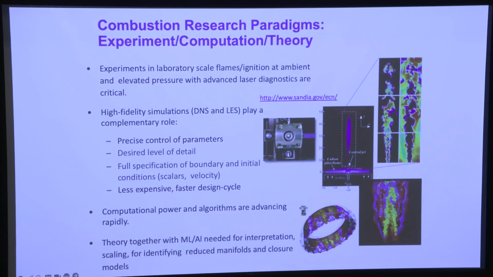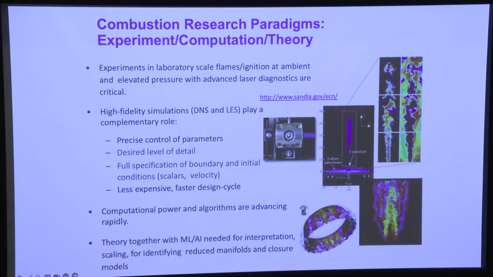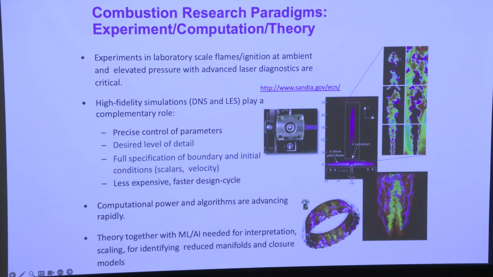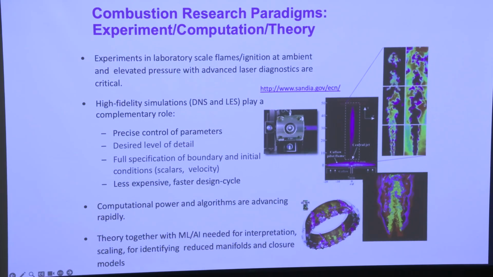And simulations have gotten mature enough in the last 10 years that we can now start to couple the results from lab scale experimental flames with high fidelity simulations, including DNS, where all the scales are resolved, and large eddy simulation, where we resolve the scales down to some cutoff point, and then we model the remaining as a subgrid with subgrid scale turbulence and combustion models.